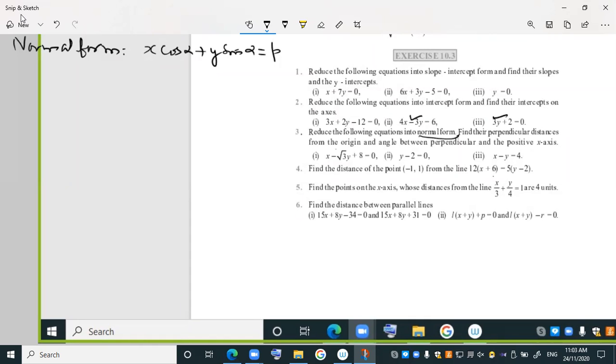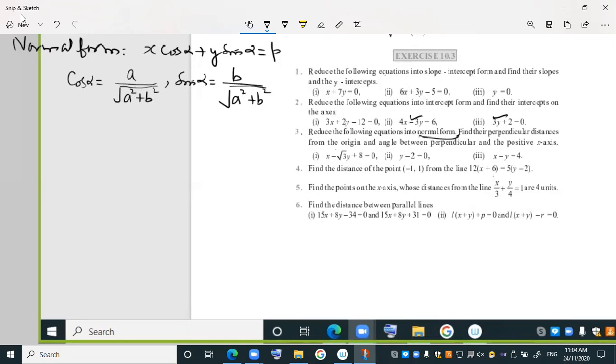As you have given the equation number 1, I'll write the formulas first. For cos alpha, we will use the formula cos alpha is equal to a upon under root a square plus b square. And the formula for finding sin alpha is b upon under root a square plus b square.